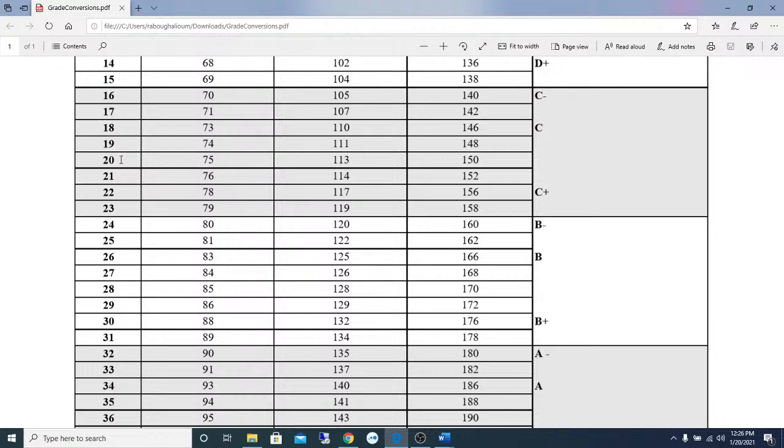I don't give partial points for activities. So the only things that you need to look up grade conversions for are your informative speech, your visual aid speech, your fishbowl, and your symposium. Everything else, if you do it, you get 100%. If you don't do it, you get 0. That's just how it works in my class. Same thing for discussion, same thing for everything else.